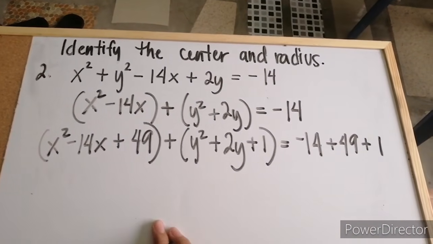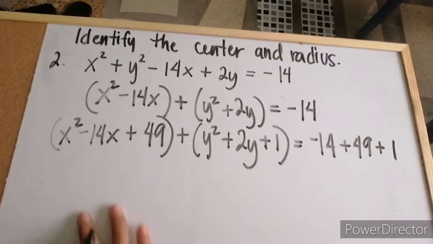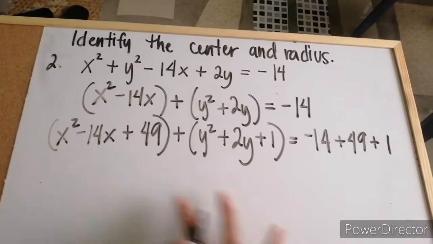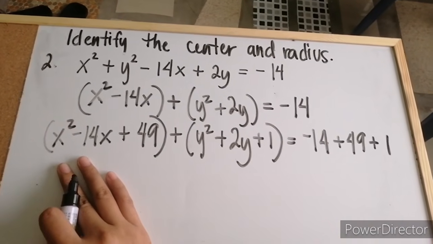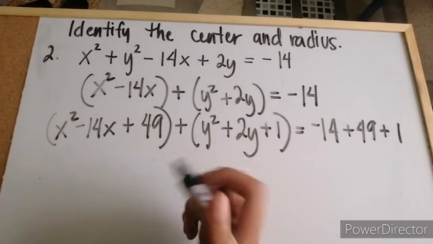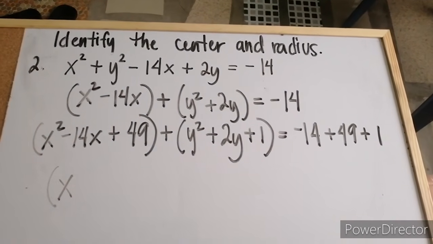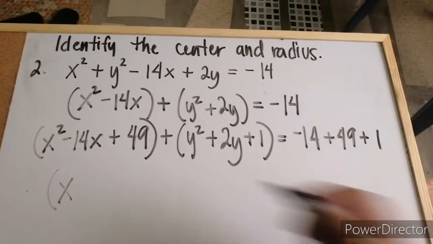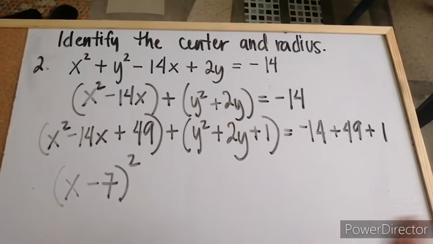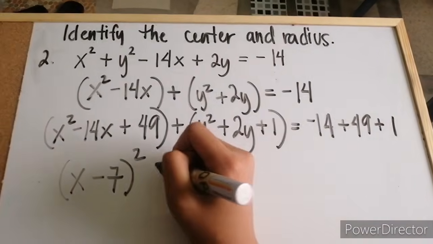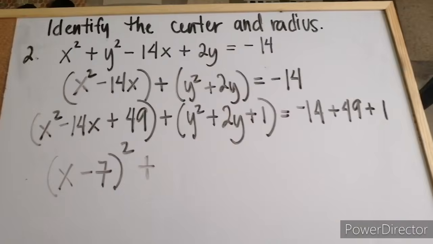Okay, so after performing the completing the square, we will factor these equations. The factor of x squared minus 14x plus 49 is x minus 7 squared. So as you can see, we are now close to our standard equation of the circle.